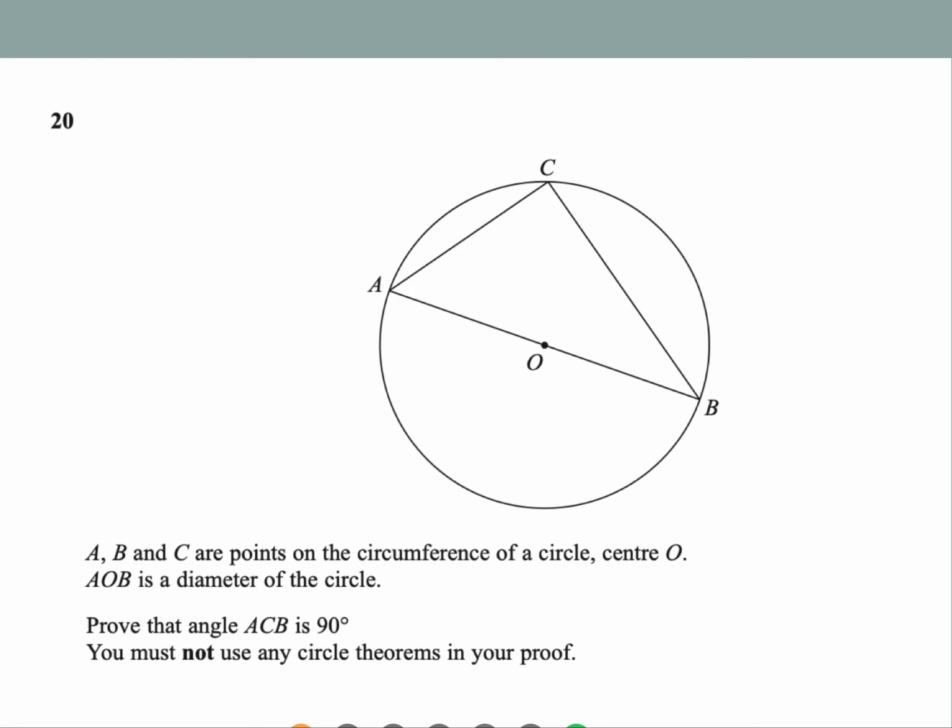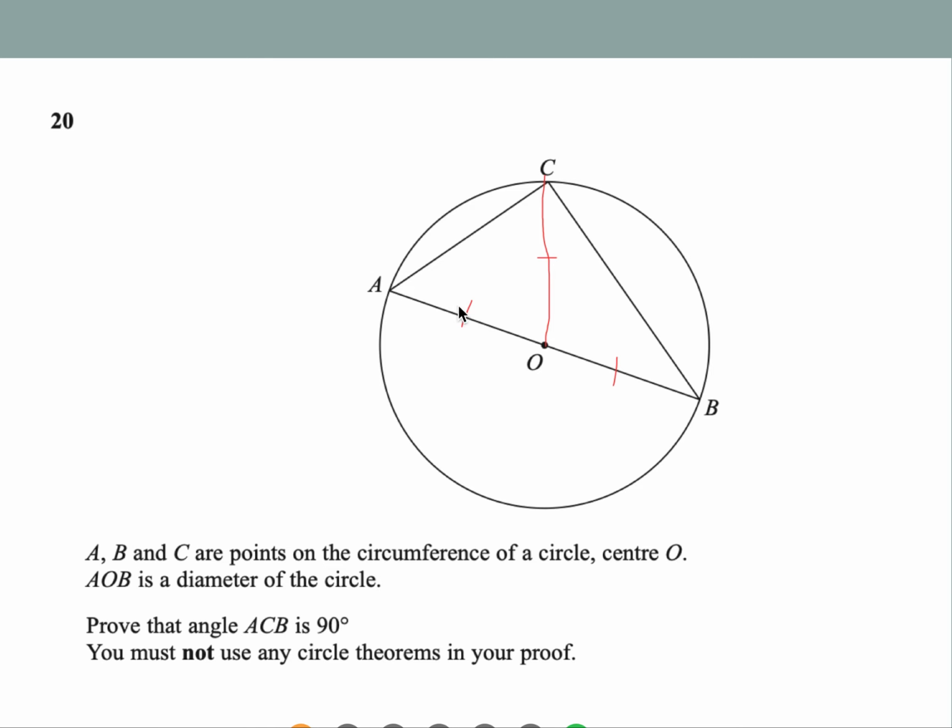Right, finally, ABC are points on the circumference of a circle. Prove that angle ACB is 90 degrees. You must not use any circle theorems in your proof. Right, so let's just draw a radius on here, so we've got some isosceles triangles.